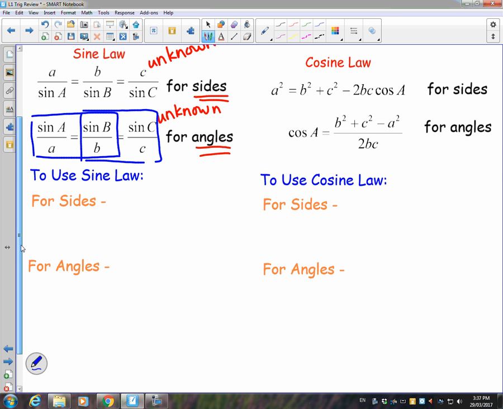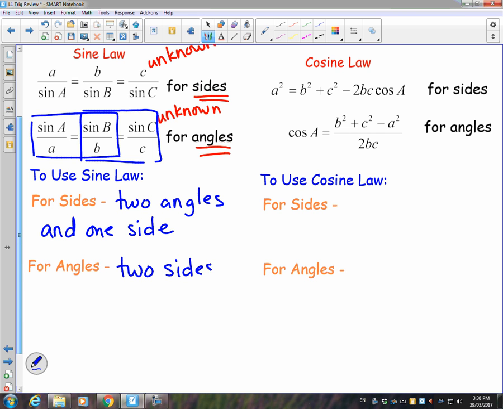So to calculate a side length, you need to know two angles and one side. Or to calculate an angle, you need to know two sides and one angle.